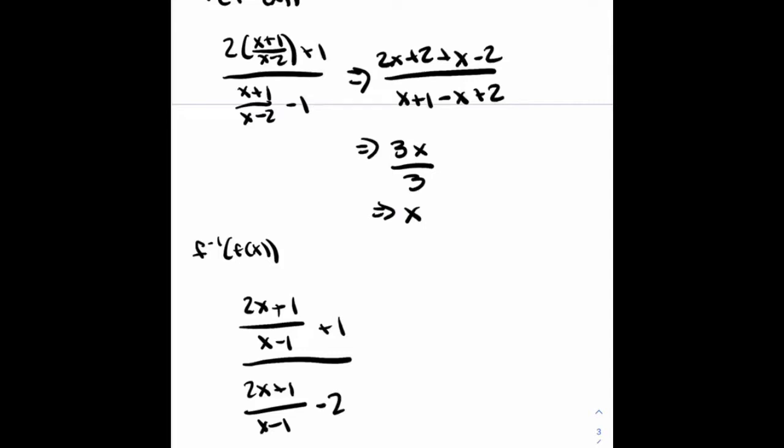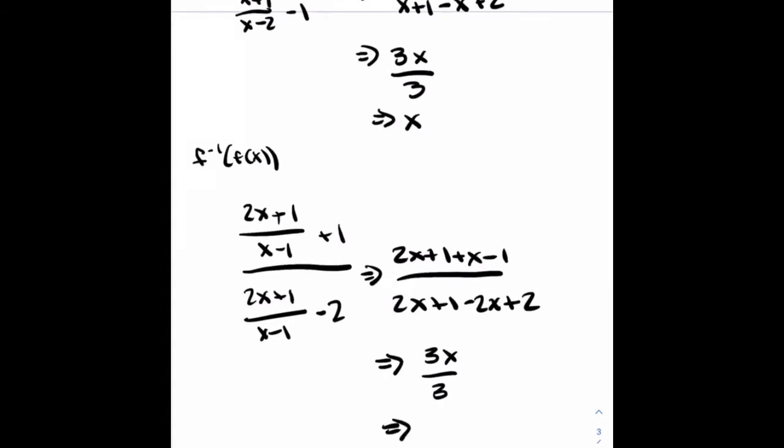If we distribute, get common denominators, and start solving, we get 2x plus 1 plus x minus 1 over 2x plus 1 minus 2x plus 2, which simplifies to 3x over 3, which simplifies to x.